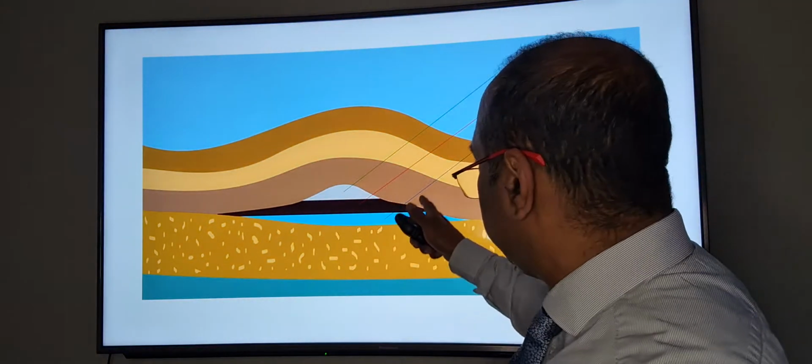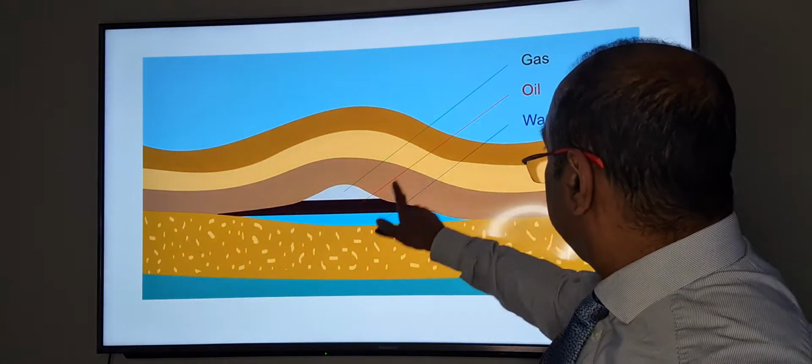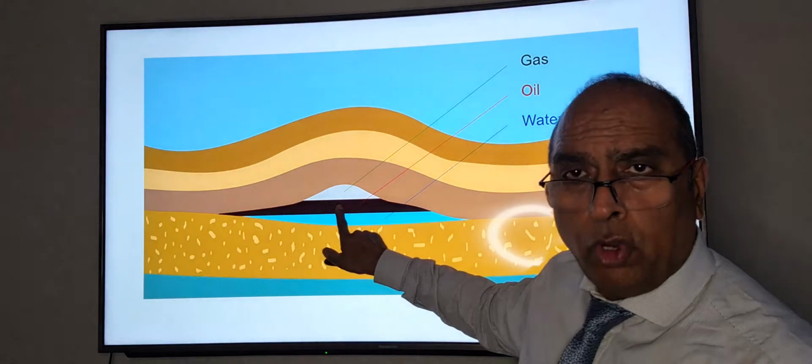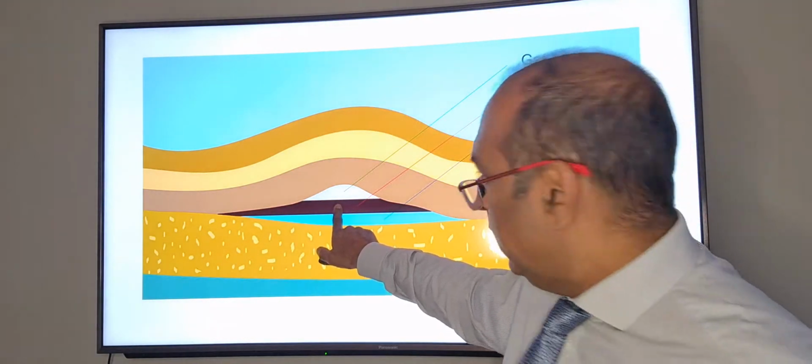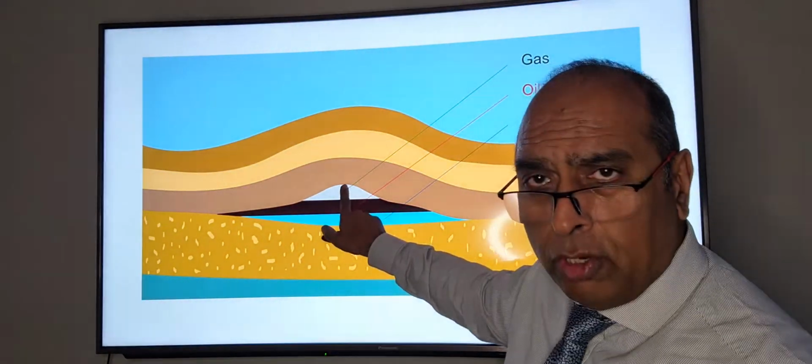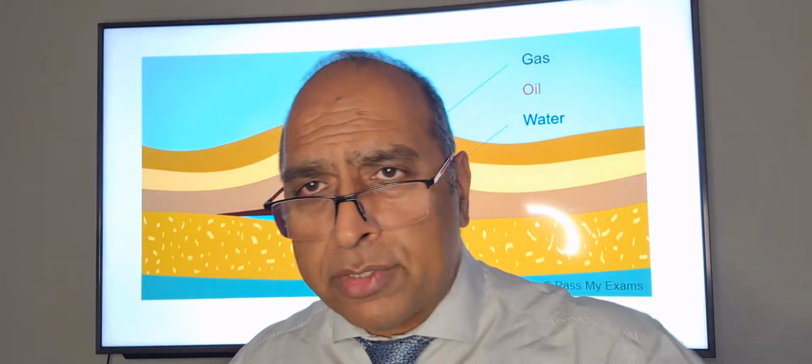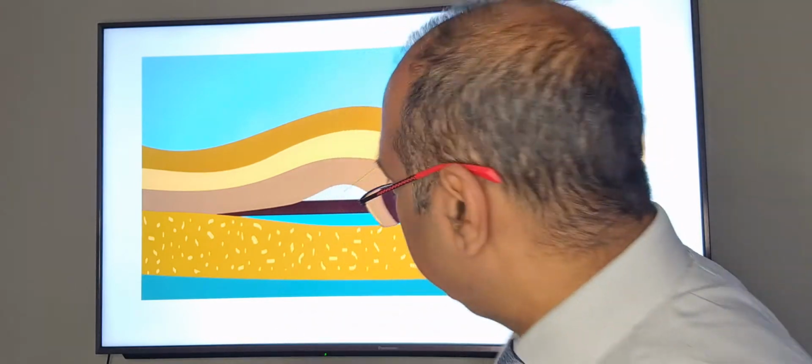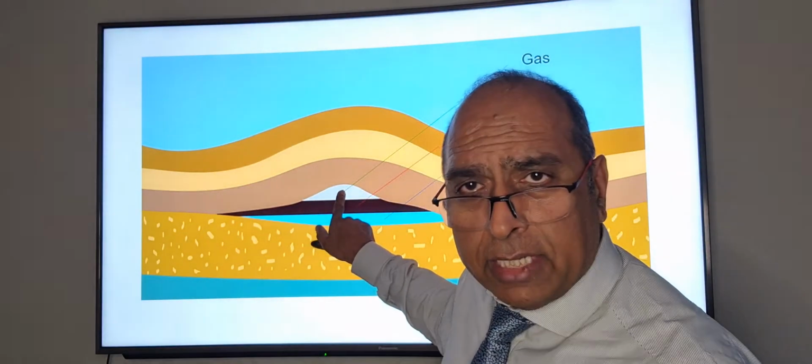So if we look, maybe this is some oil here, the oil is in black, then we normally find gas on top. And when you look at an oil rig, they're burning the excess gas for safety reasons above the oil rig. Well, that's the gas we're talking about.